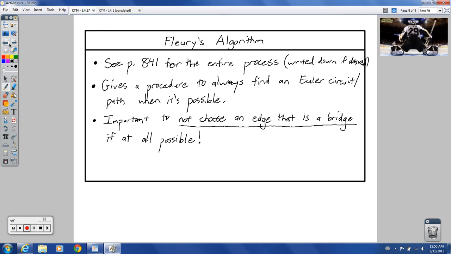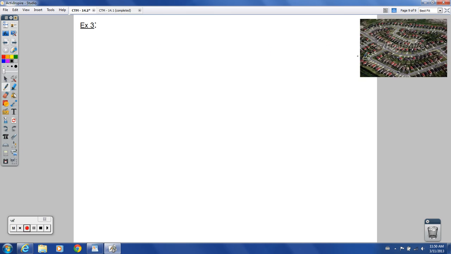So I want to do one more example with you. Neighborhoods, you could represent them with vertices. This could be a vertex. Wherever you have an intersection of a street, that could be a vertex. You don't have to draw what I'm drawing here. I'm just trying to represent with a graph what that would look like. This would be like, I was going to say a loop, but it's not a loop. It would be something like that, connecting this intersection to that intersection. You could take this road, this to this. You could take that road right there.